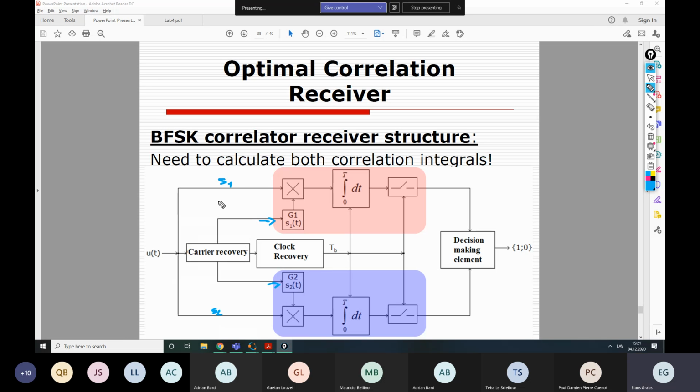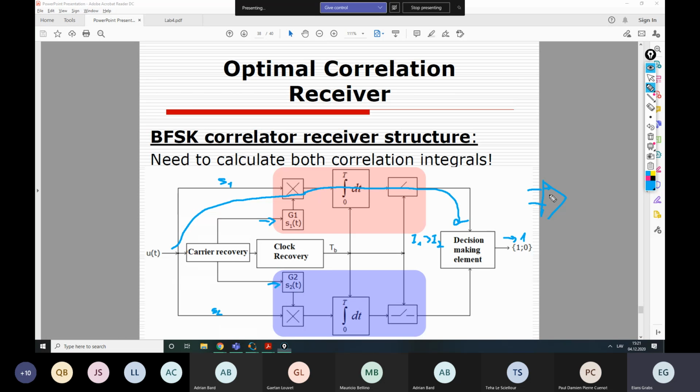So if what we have received is actually S1, then we would go this way. And if integral 1 is more than integral 2, then the output will be 1. So that's how a comparator works, right?